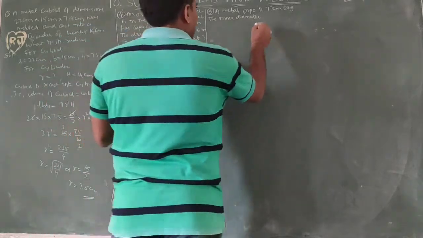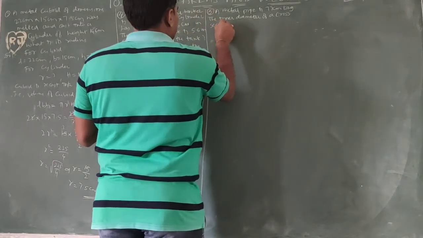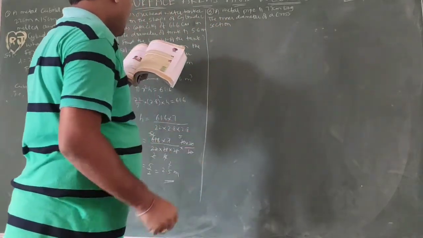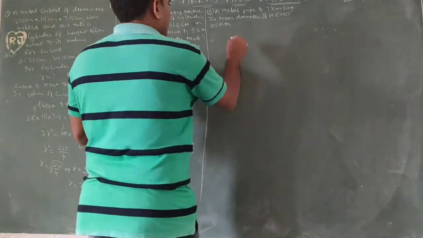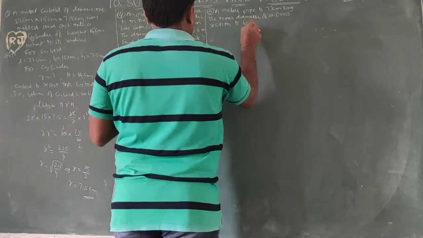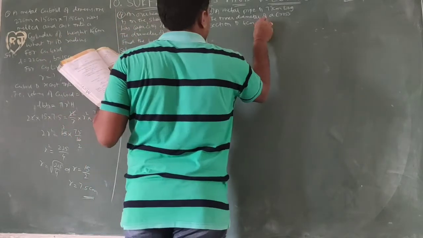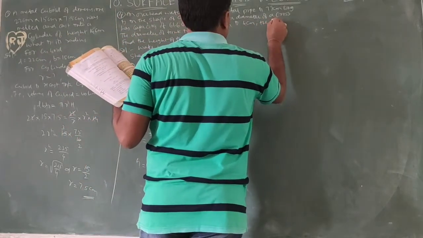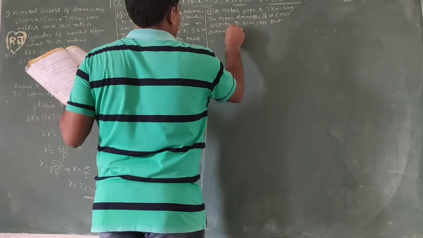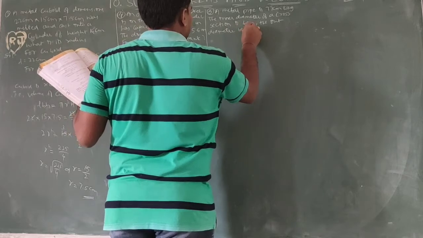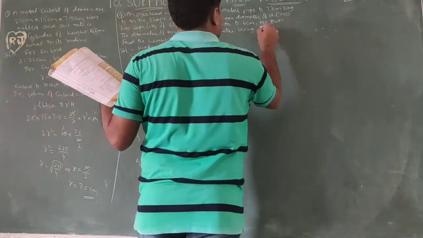The inner diameter of a cross section is 4 centimeters. The outer diameter being 4.4 centimeters.